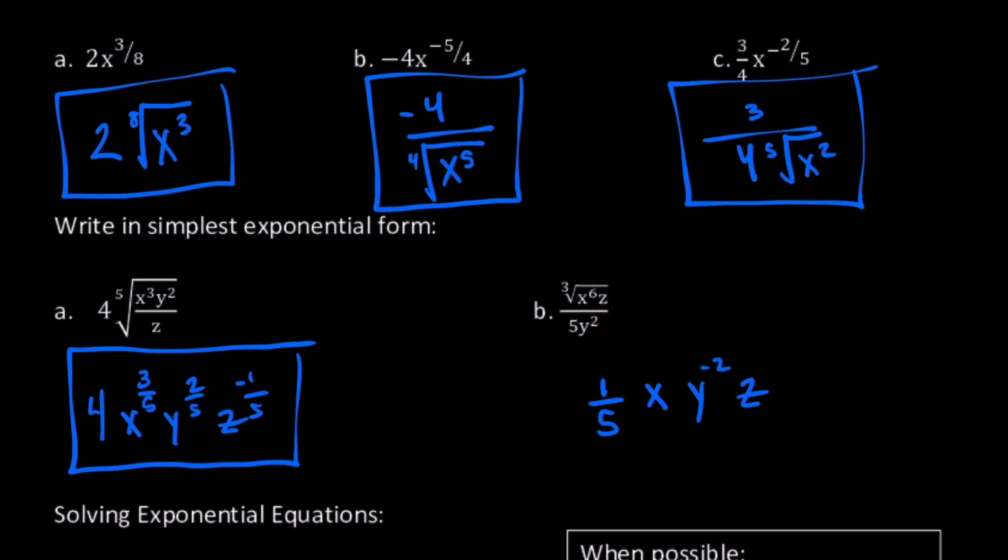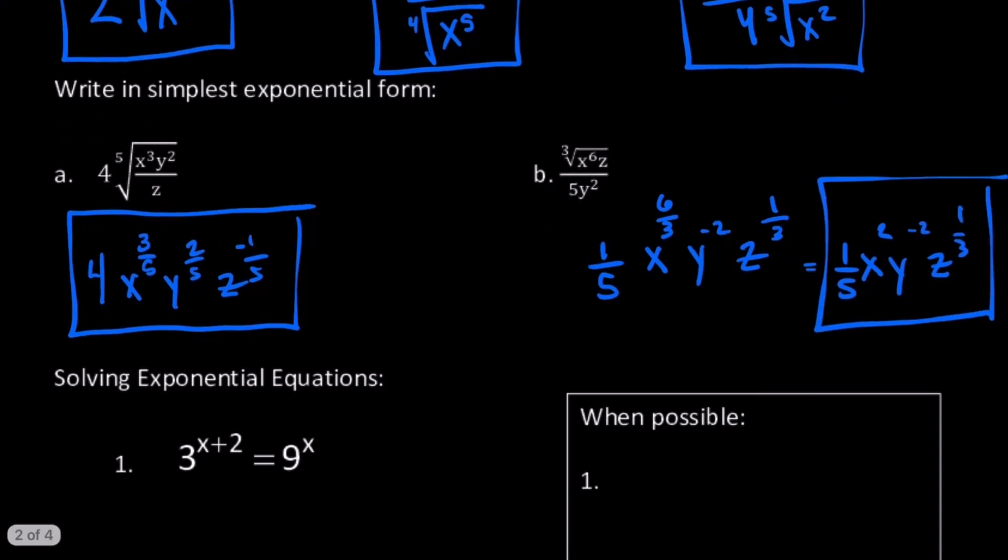So it'd be y to the negative 2. The x and the z will have a denominator of 3 in their exponents, and then the numerator for the x will be 6, and for the z will be 1. Now I can simplify this right here, so I'll take a second to do that. That would be x squared, y to the negative 2, and z to the 1/3.